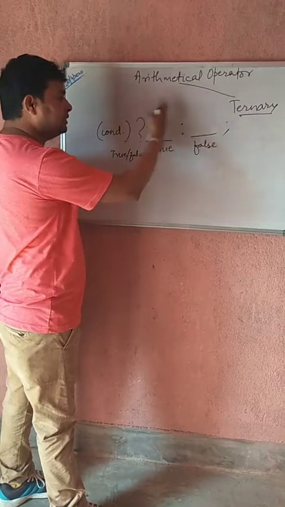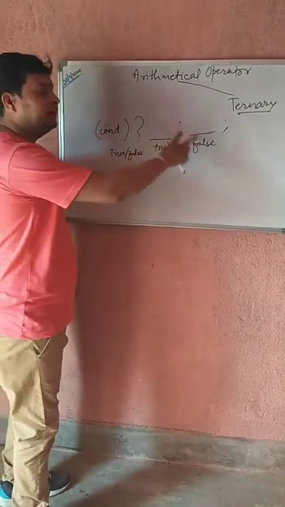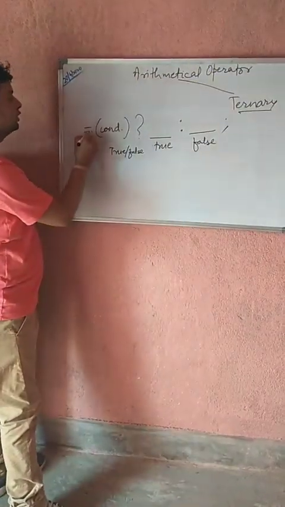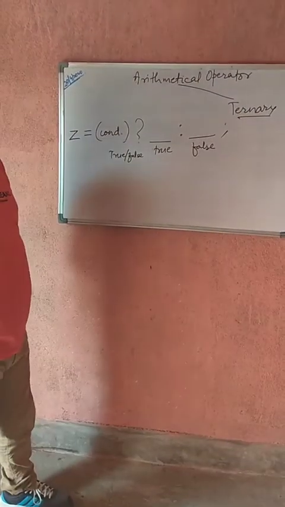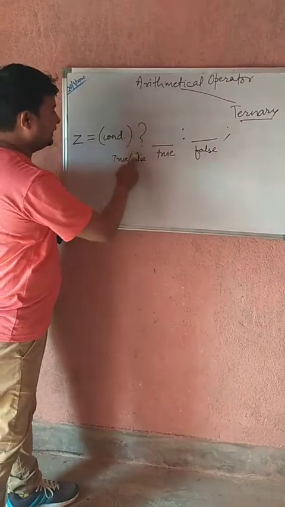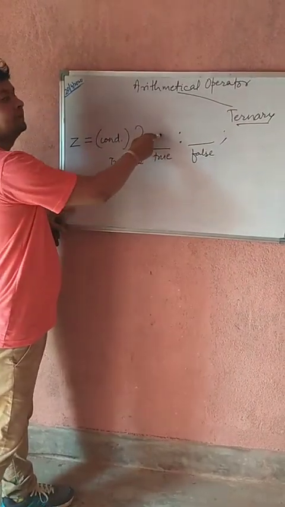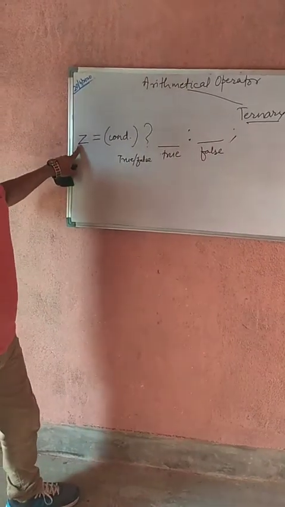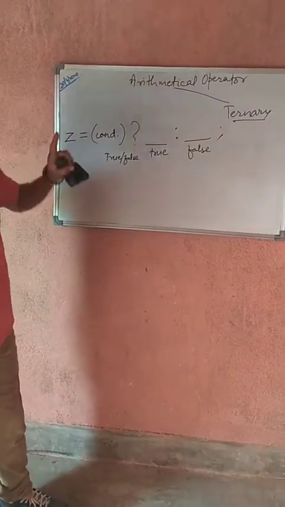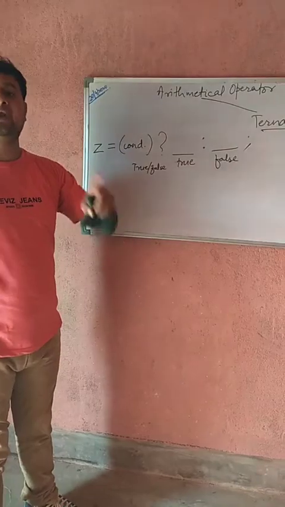And then whichever executes, that result will be stored in one variable, suppose z. It means based on the condition, that result will be assigned to a variable. That is why this is also known as the conditional assignment operator.